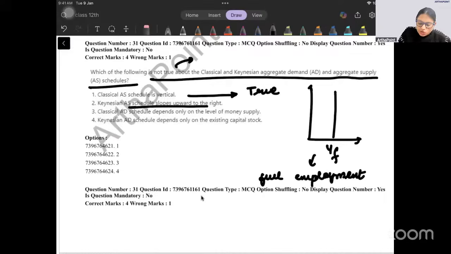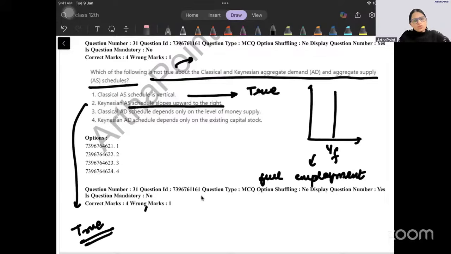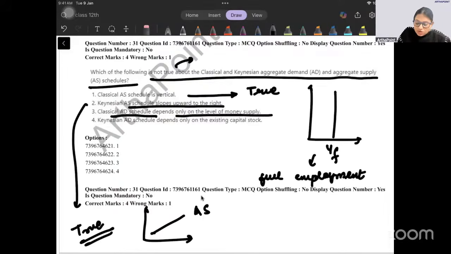Keynesian AS schedule slope upward to the right. This is also true. The AS schedule is like this for the Keynes model, right? Classical AD schedule depends on the level of the money supply. So this is also true.